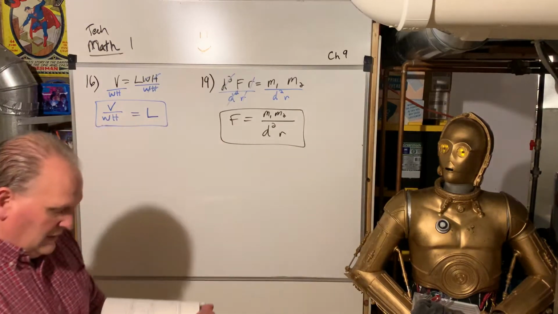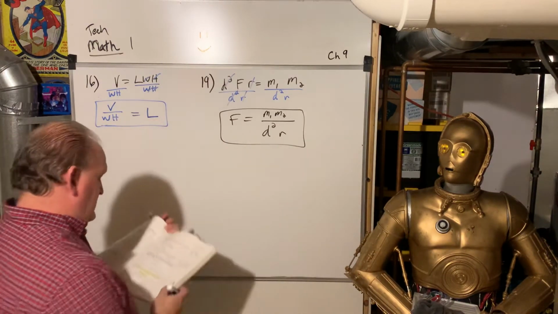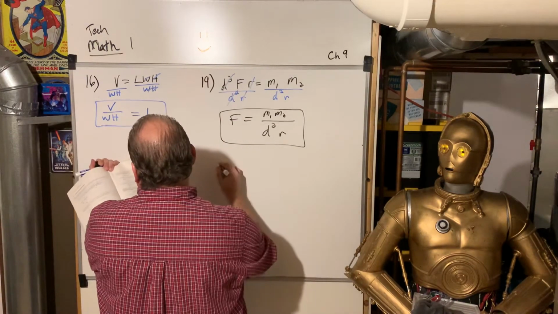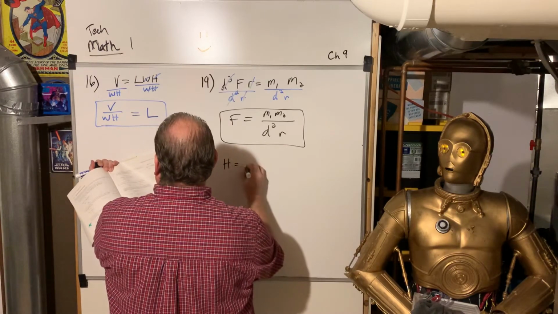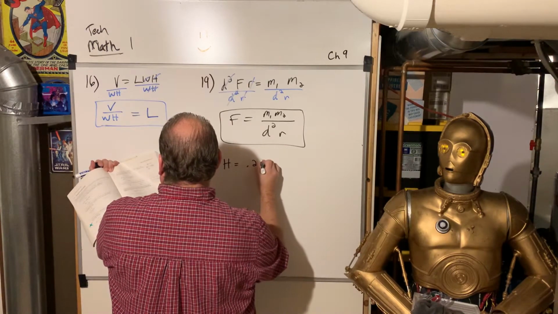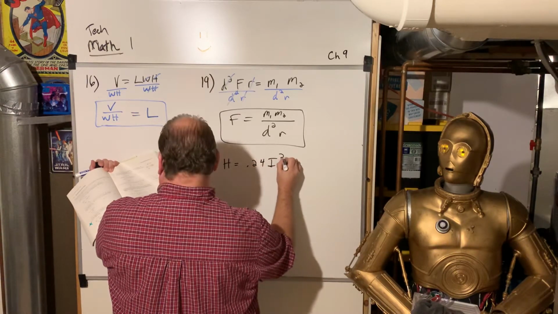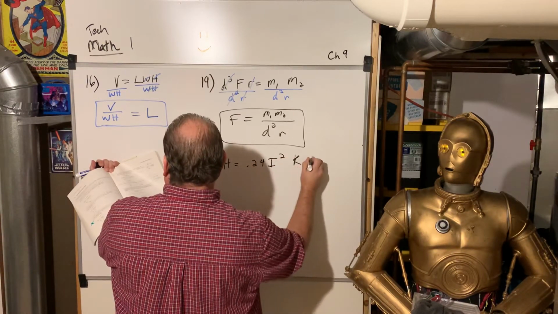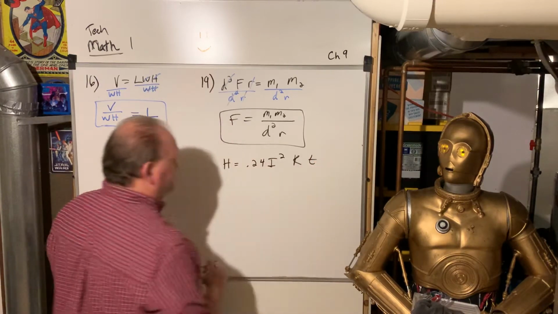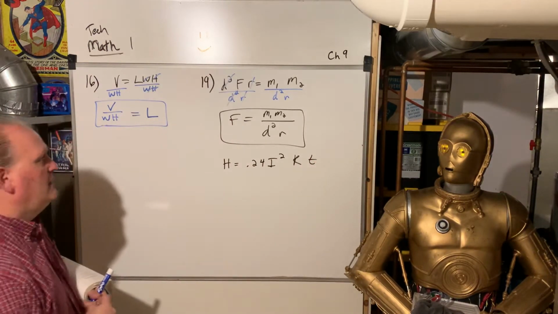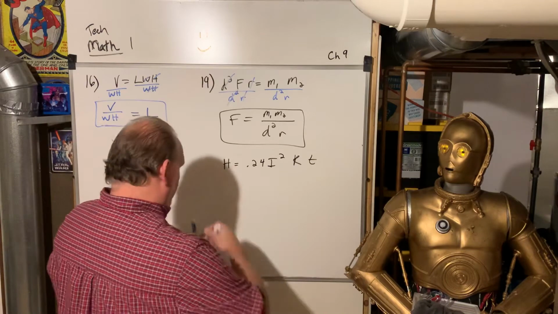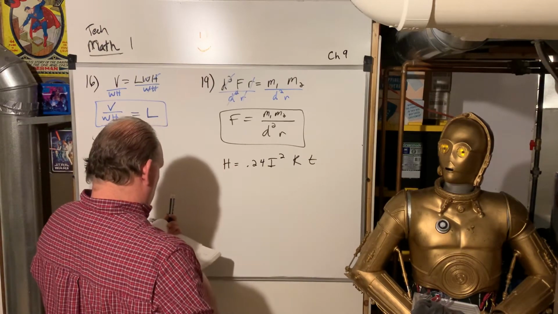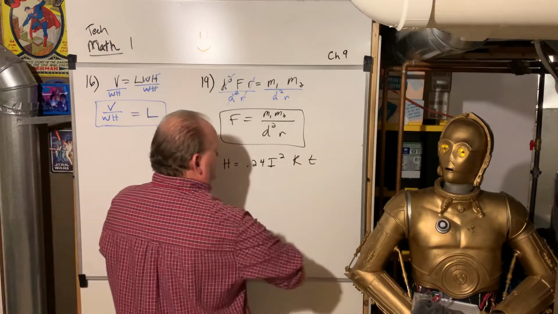Okay. And then there's a second one here. We got H is equal to 0.24 I squared R T. Okay, so again, and they want me to solve for R. That's a really sloppy R, sorry.